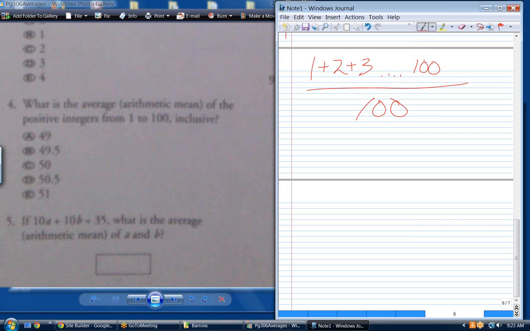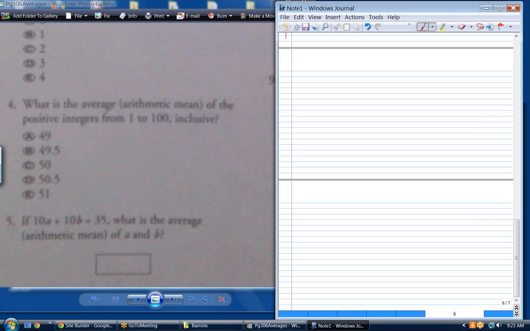Wouldn't it be 50? Very close. The trick here, obviously, is not to add them all up. The trick here is to come up with some sort of a quick way to add them up.